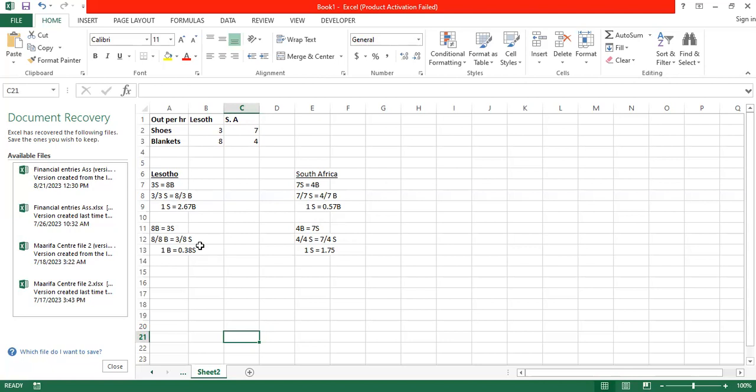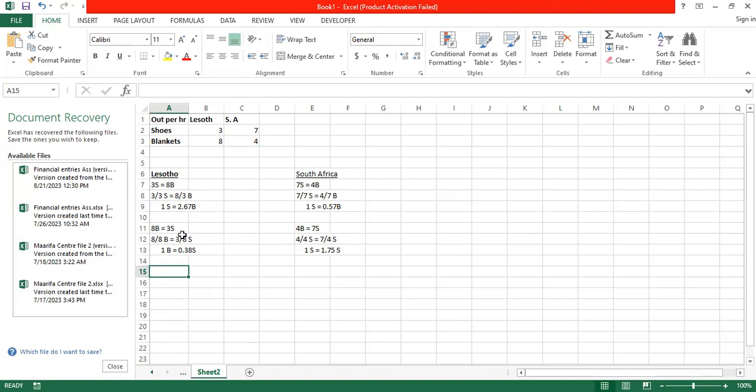And if you look at blankets, the cost of one blanket here is 0.38, while it's 1.75 S here. So which means it's cheaper to manufacture blankets in Lesotho than in South Africa. Then this is where now we draw our conclusions.